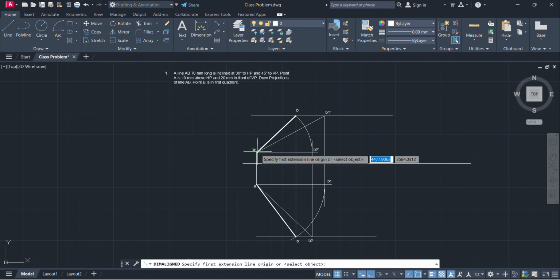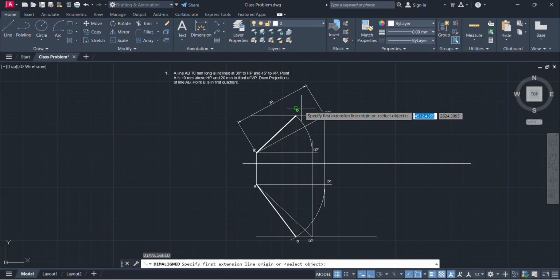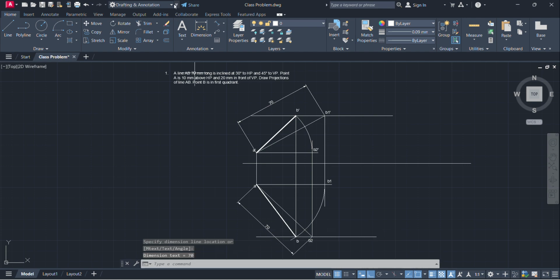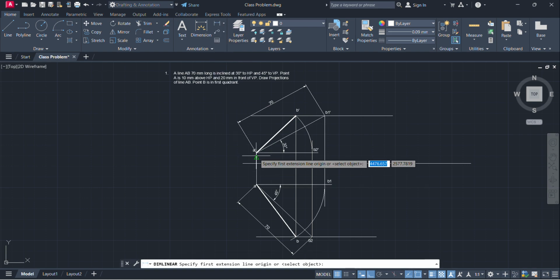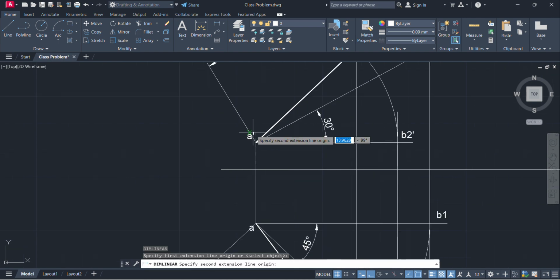I will do some checking. That means I will just make sure that the true length is 70 mm in both front view and top view. The inclinations which are marked at 30 degrees to HP and at 45 degrees to VP, and the height at which points A and A dash are, are also correct.